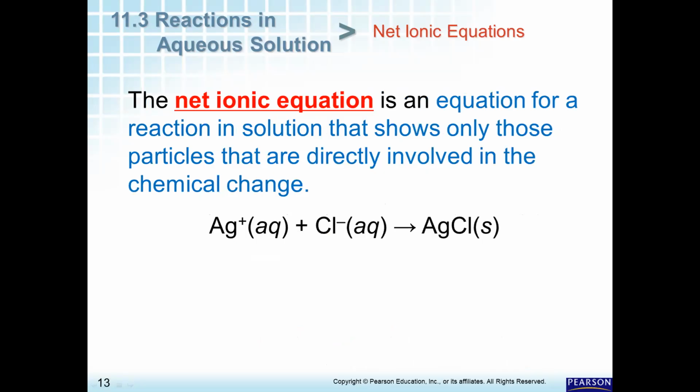This is what's left after removing the spectator ions. If somebody asks you what the net ionic equation is, it is the complete ionic equation minus the spectator ions. Removing them, you end up with what is directly involved. In this case, assume that our purpose is to precipitate AgCl, to prepare AgCl from some other compound.